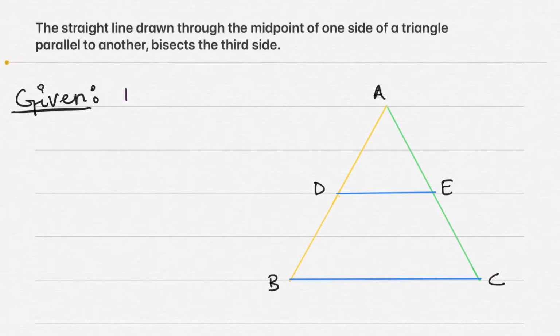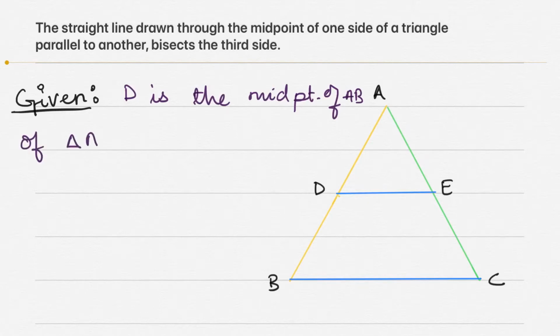So let's take that D is the midpoint of AB, and we are definitely given a triangle, so of triangle ABC, and we have drawn DE parallel to BC.